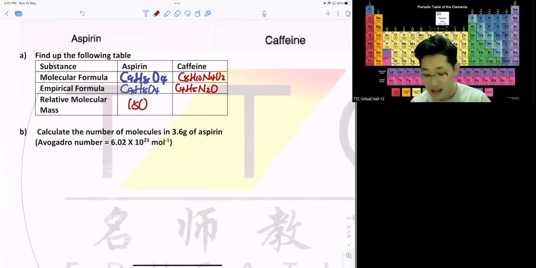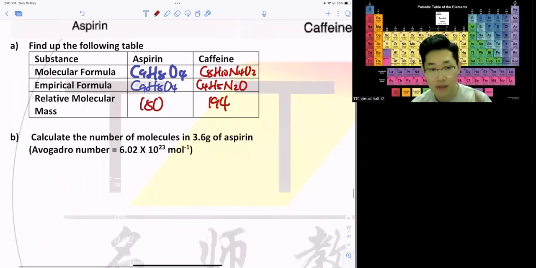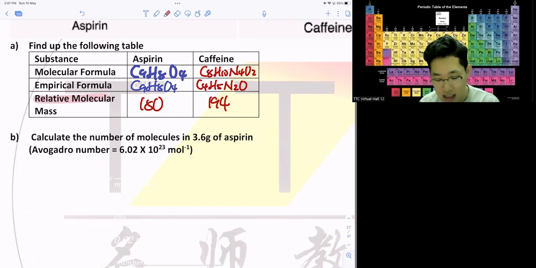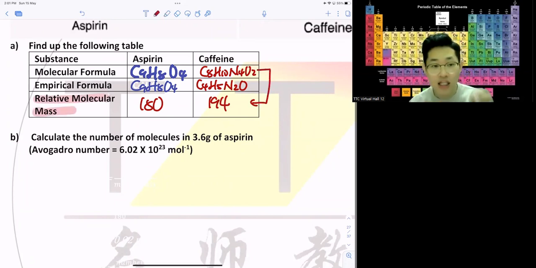180 and 194. Students, by the way, the reason why I give you all this question is because I want you to know that for relative molecular mass, you have to use the molecular formula, because sometimes when questions come out this way, students will just use this one and then find the mass.